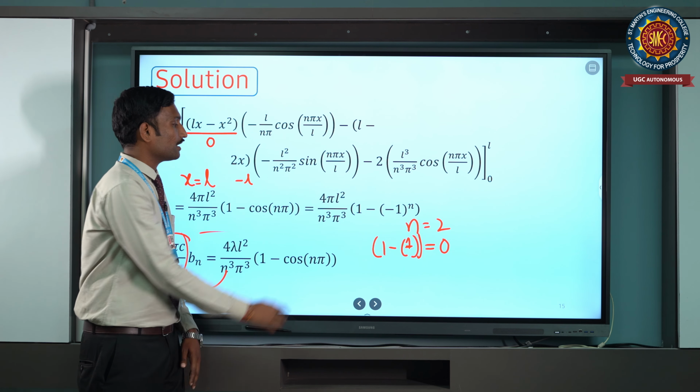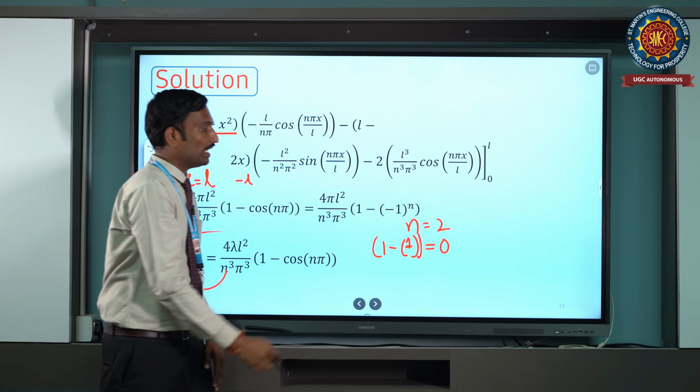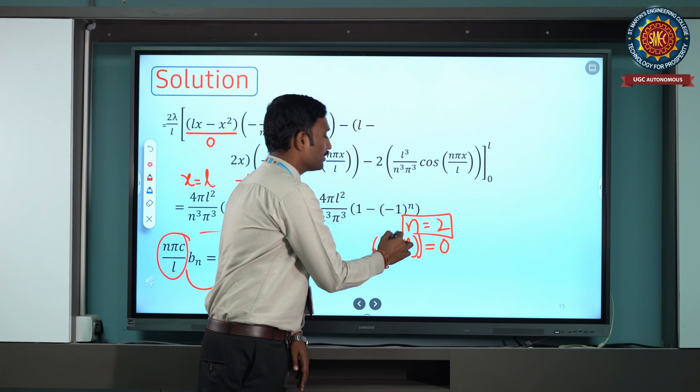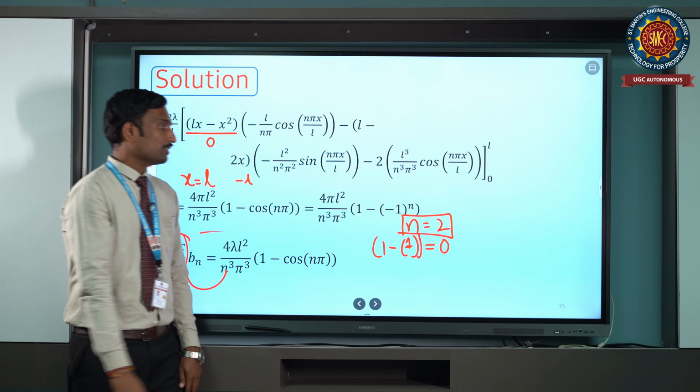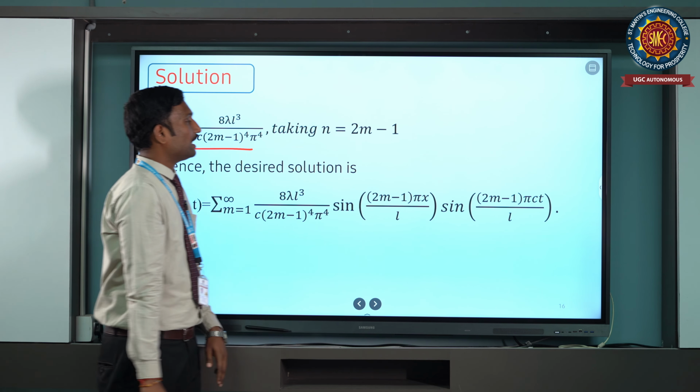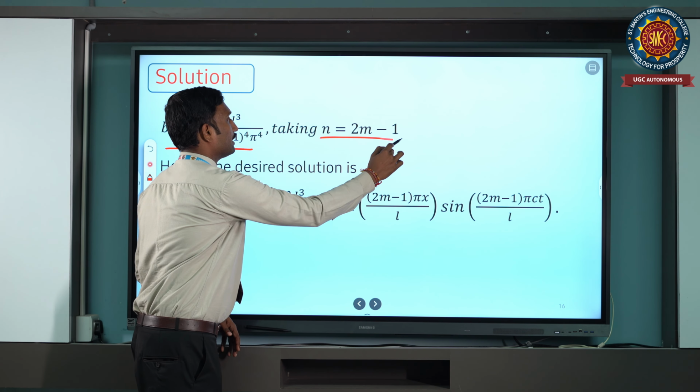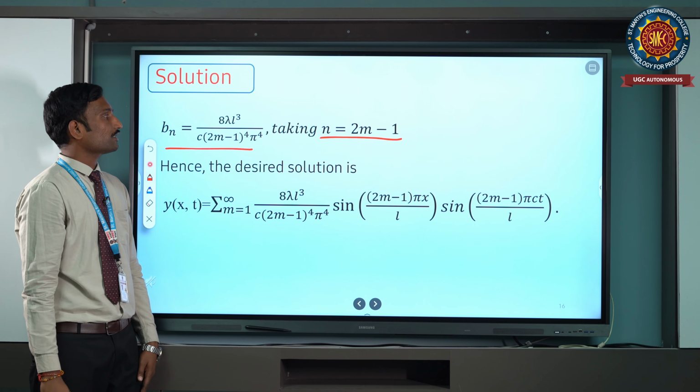So this term completely becomes 0 when n is an even number, the solution becomes 0. So we are taking only the odd numbers, that is n equals 2m minus 1.